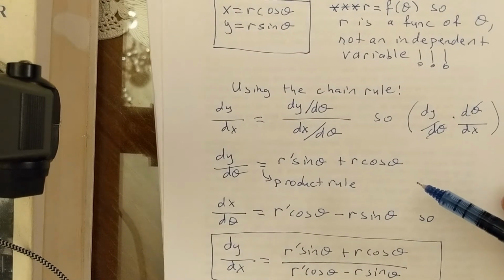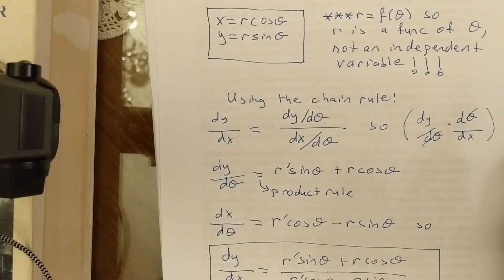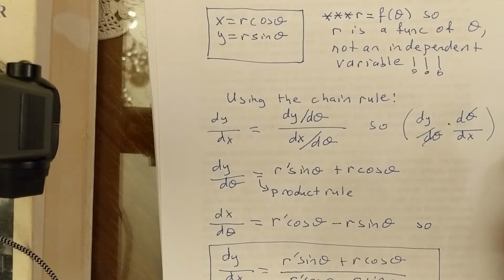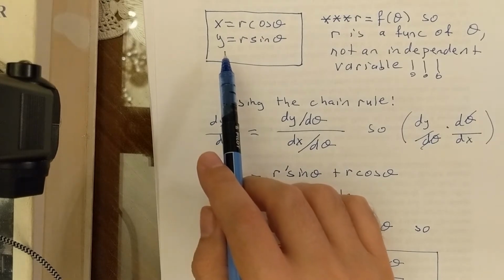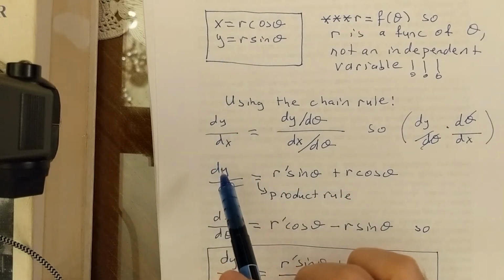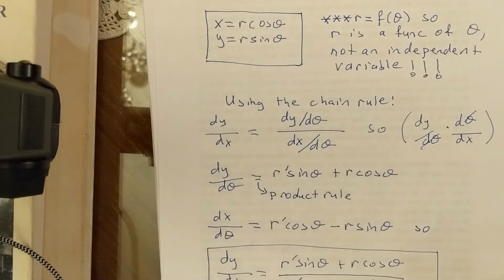Now, one frequent mistake, I do this all the time. I actually did it on another paper, then I got rid of that paper so you wouldn't see the evidence. Because you usually write x first, y first, well, you're supposed to do dy/d theta over dx/d theta. I do dx/d theta over dy/d theta. I keep doing that.